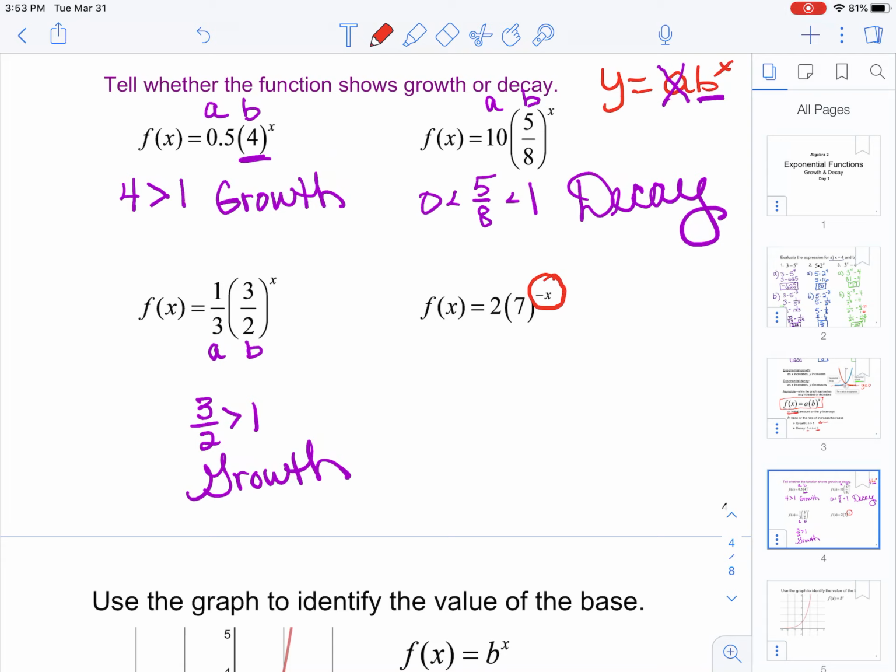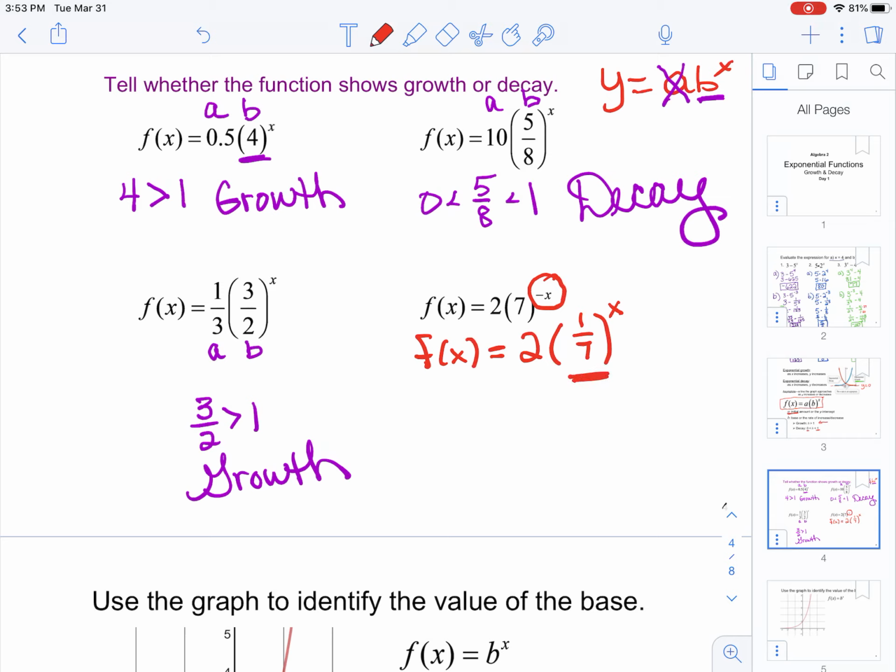So I can rewrite this as f of x equals 2 times 1/7 to the positive x. As long as that 7 goes to the denominator, then my x value becomes positive. It just takes the reciprocal of it.